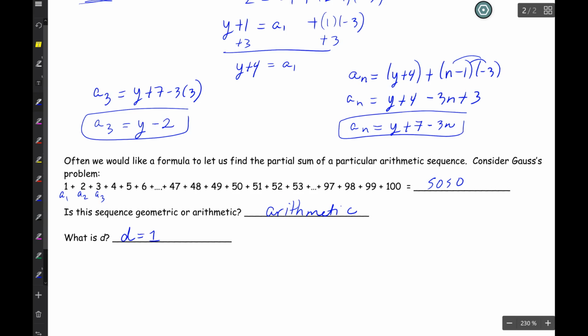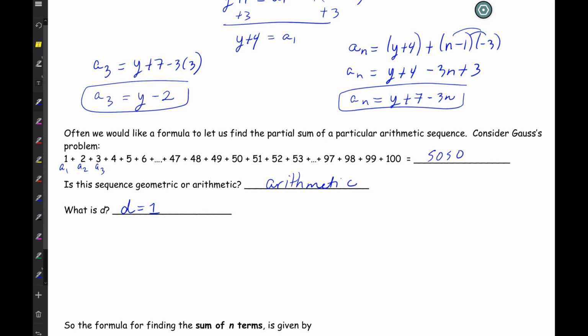Now, what Frederick Gauss did, just as a quick reminder, is he found the sum of 100 terms in an arithmetic sequence. So S sub 100, remember that means the sum of 100 terms, is equal to, remember he added the first term plus the last term.